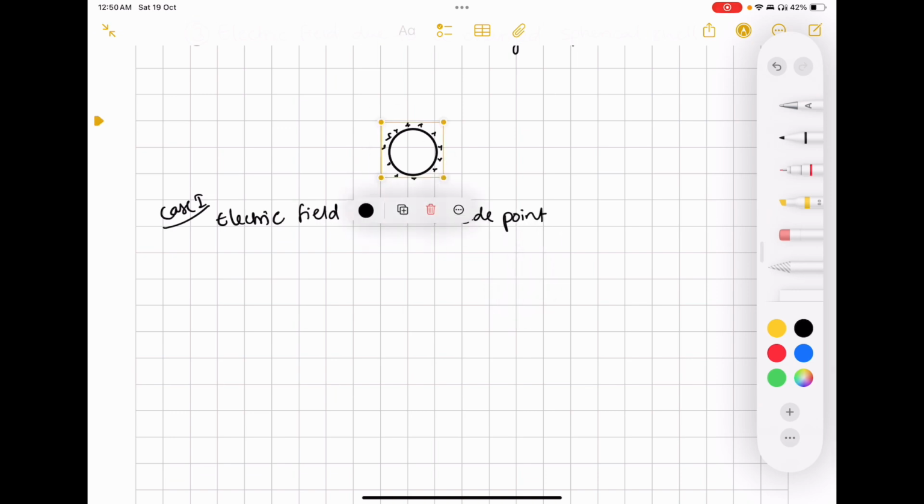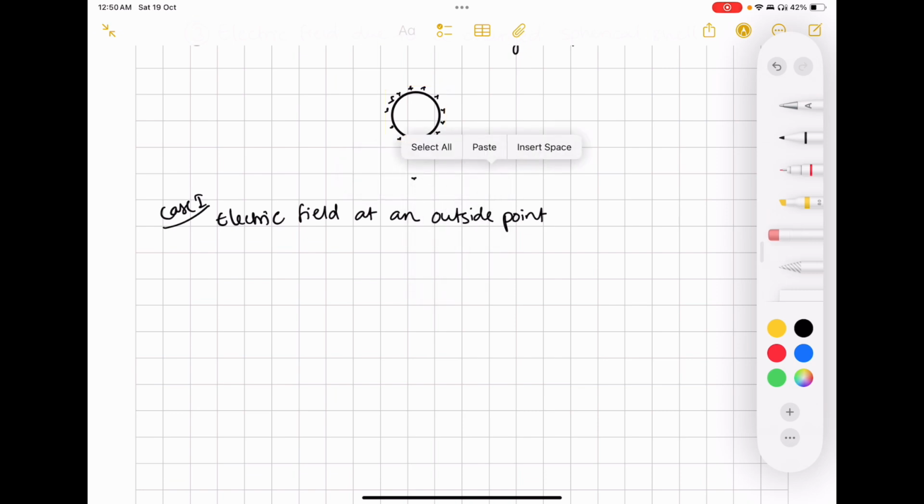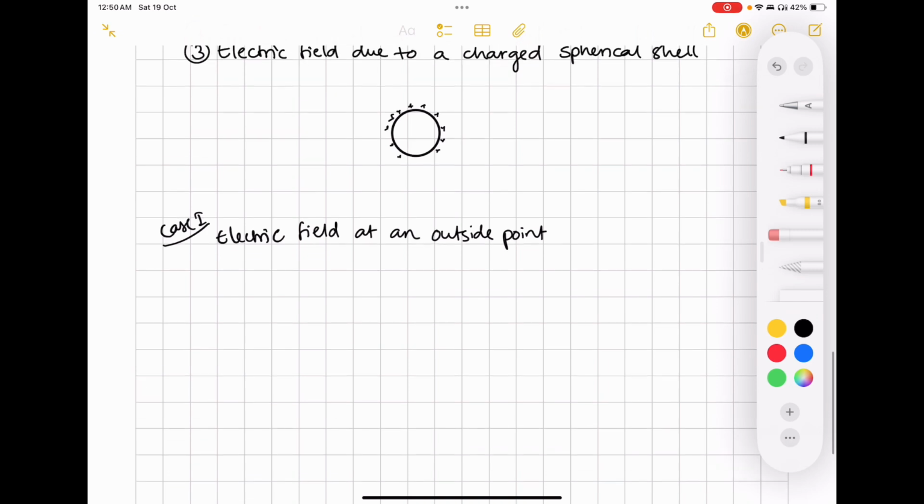From this we can find electric field at an outside point. Here, to find electric field at an outside point P, which is at a distance R from the center of the sphere, first we will consider a spherical Gaussian surface.